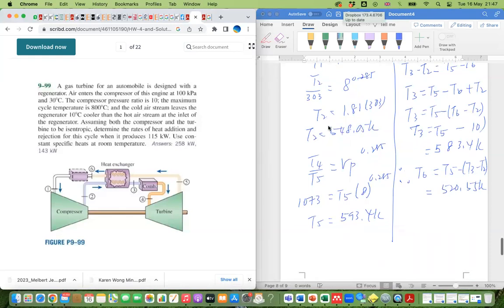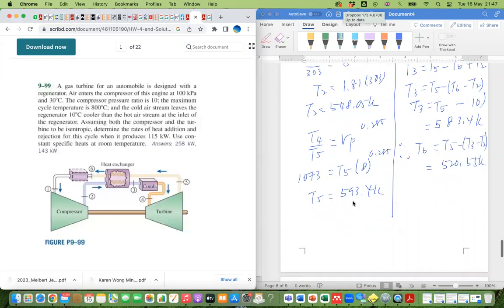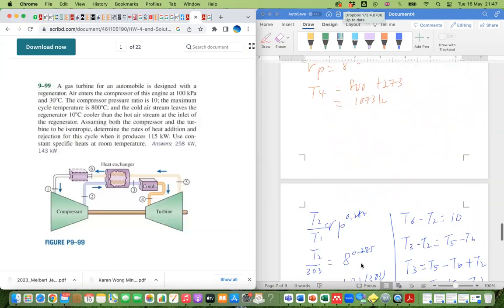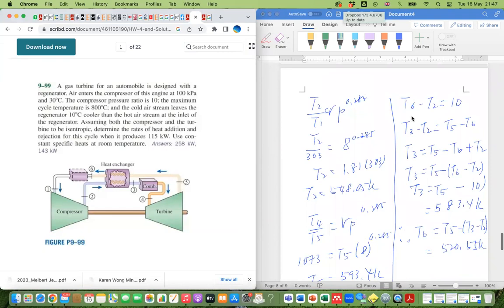And then after that, you can get your T5, because T4 is given as 1073. Okay. So like I mentioned just now, if you look at the graph on the left side, the cold stream leaving the regenerator is 10 degrees colder than the hot stream. So T6 minus T2 is 10.